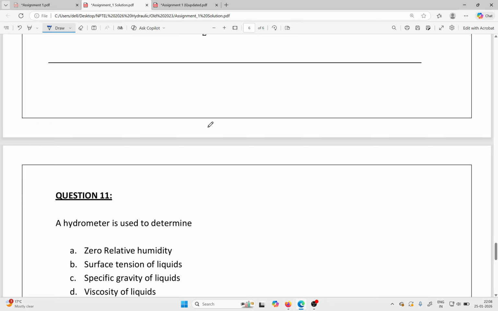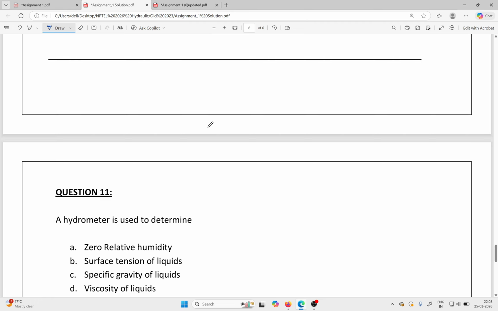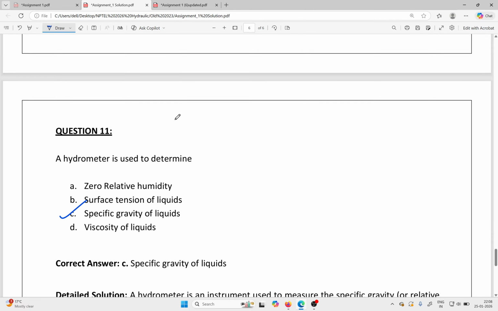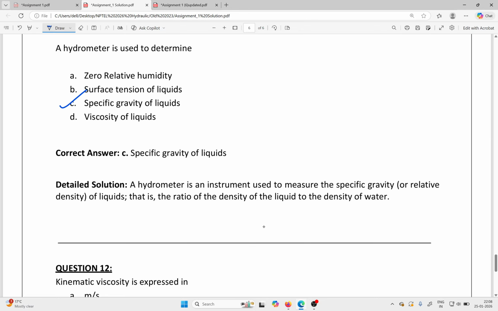Which option will be correct? The hydrometer is used for the specific gravity of the liquid. Remember, please. Option C will be correct. A hydrometer is an instrument used to measure specific gravity or relative density of a liquid, that is, the ratio of density of liquid to the density of water.